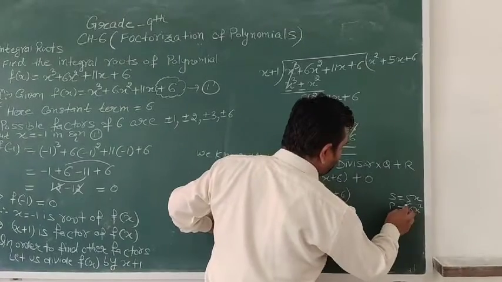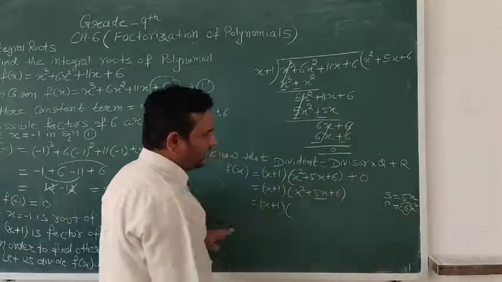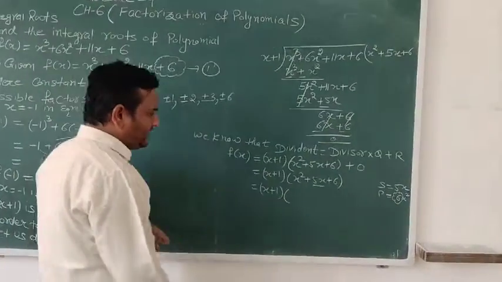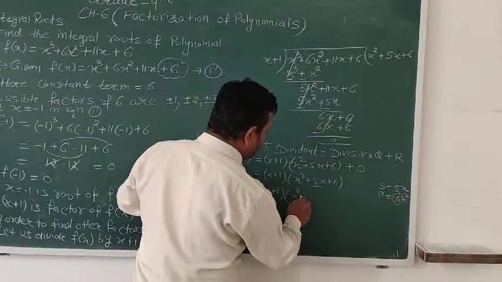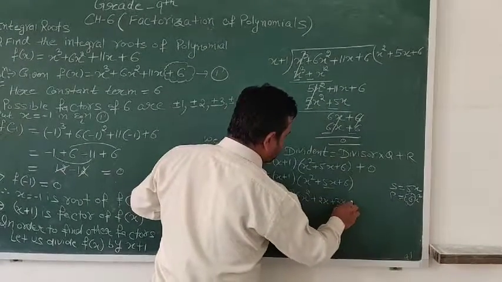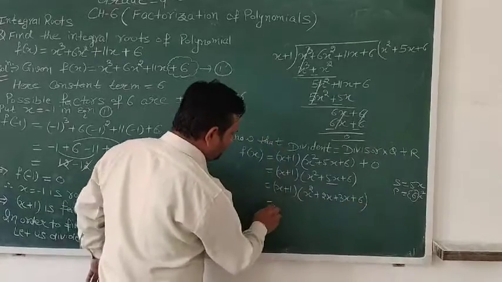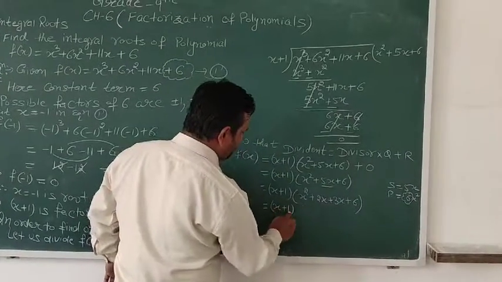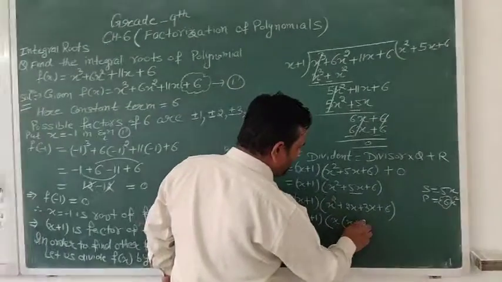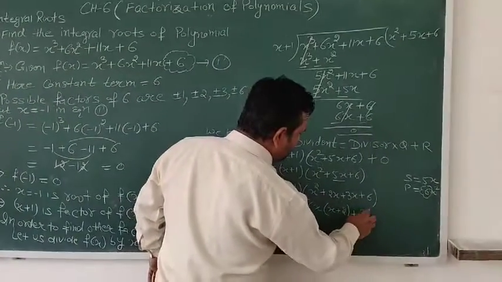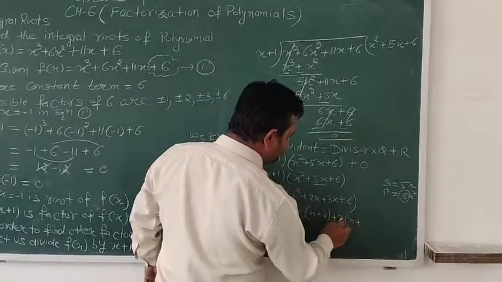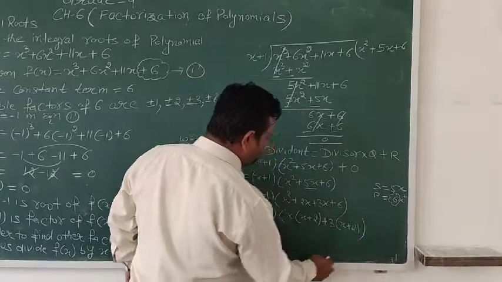It means we have to target the product coefficient, that is 6, and 6 we all very well know, 3 into 2 is 6 and 3 plus 2 is 5. So here is 2x I am writing, students, plus 3x plus 6 at the place. So it further equals x plus 1 into, out of these two, x is common, x plus 2 is left, plus 3 is common, then here x is left plus inside 6, so 3 2s are 6 within the bracket.